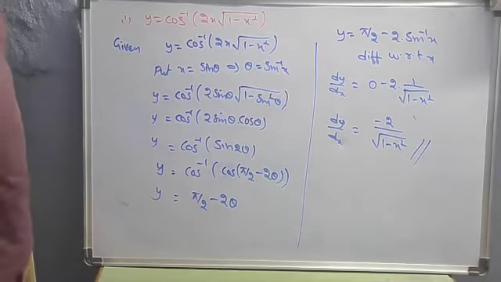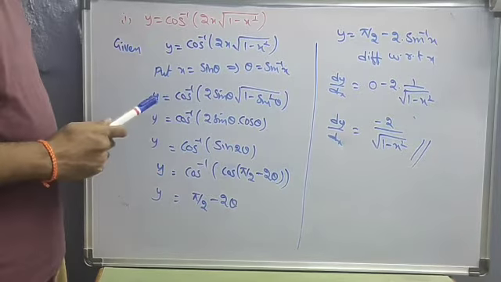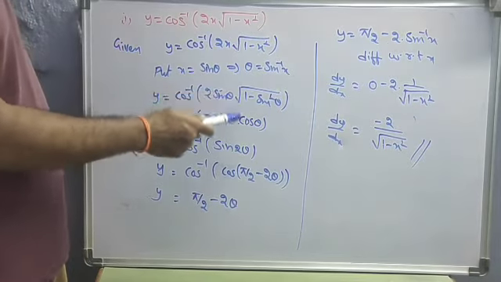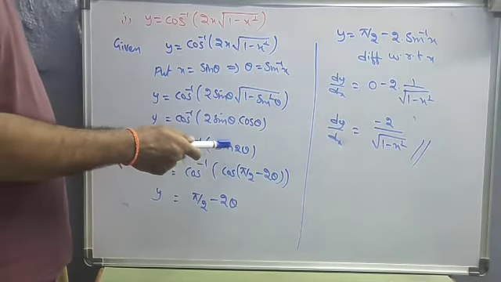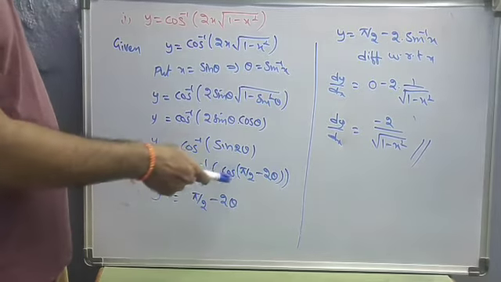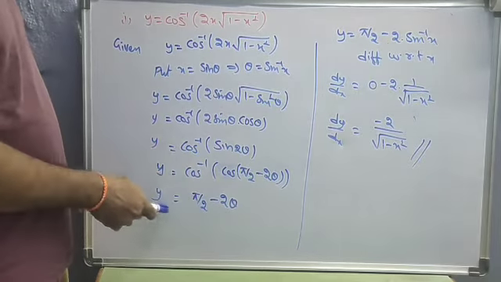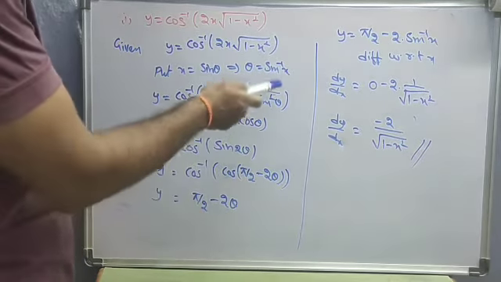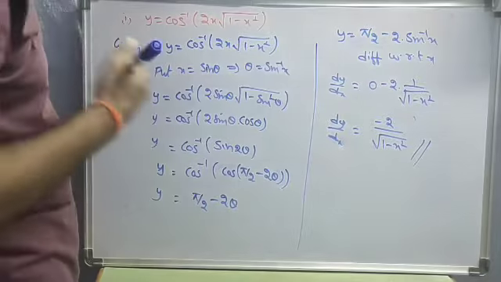Here I am using the substitution process. 2 sin theta cos theta becomes the sin 2 theta formula. Sin we can easily convert into cos, then cos inverse and cos both will cancel. Now our y equals the function like this. In the place of theta we can substitute sin inverse x.